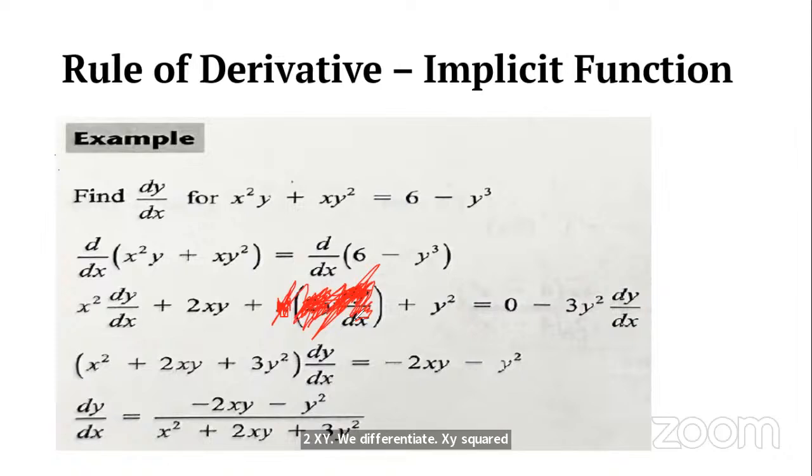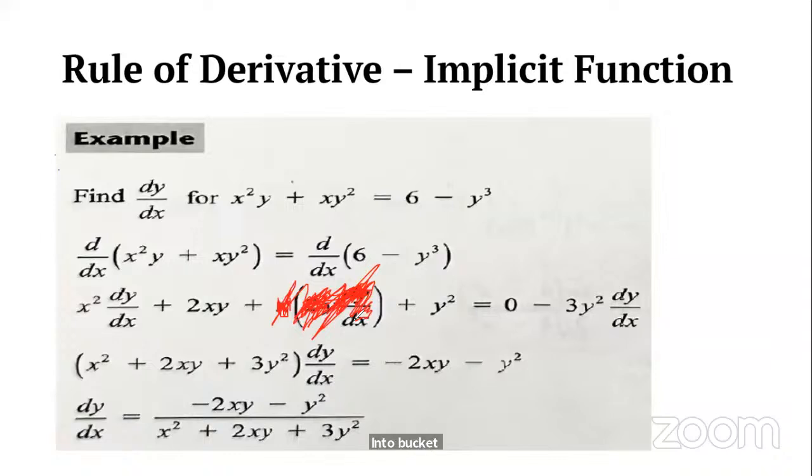What will be the differential form for xy squared? We'll get x into bracket 2y dy dx.